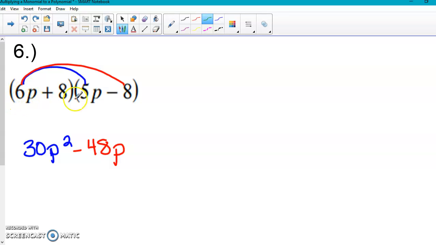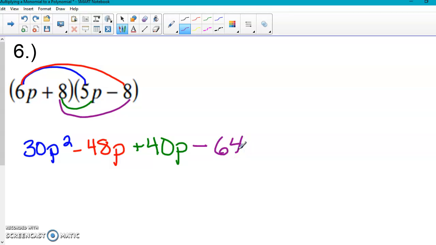Okay, so we're done with 6p. We distributed 6p to everybody in that second parenthesis. So we're going to come back and grab the 8 and do the same thing. So 8 times 5p gets me 40p. And then 8 times a negative 8 gets me negative 64.